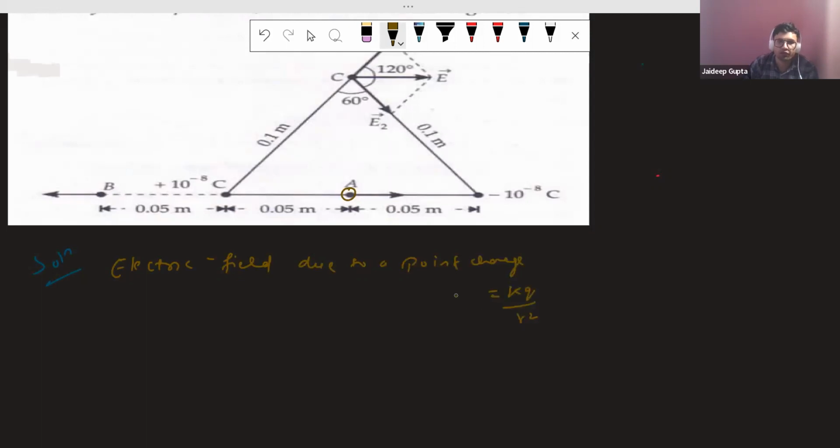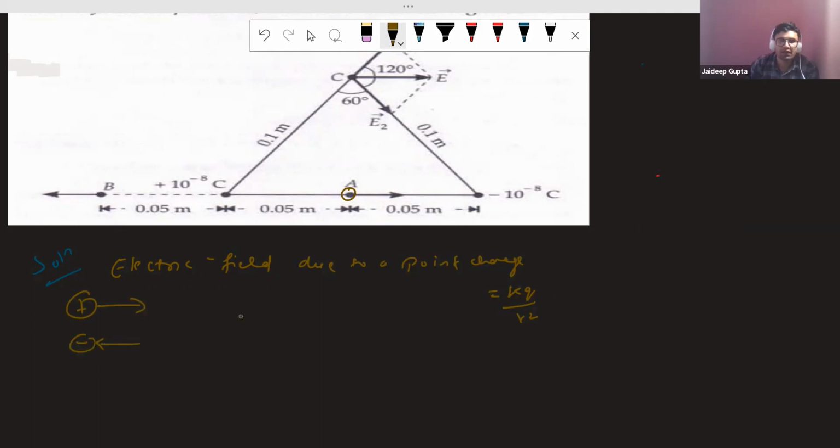Now this formula we have to use. Due to the plus 10 to the minus 8 coulomb charge, the direction of the electric field is towards right, because as I told you, the direction of electric field due to a positive charge is always away from it, and due to a negative charge towards it.